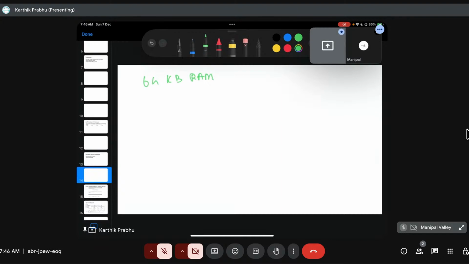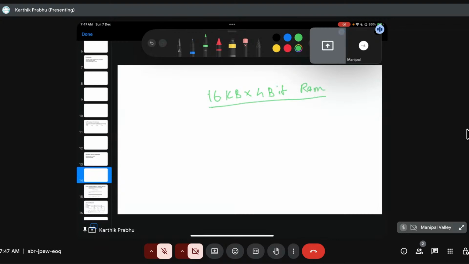Let's say it is a 16 kilobyte into 4 bit RAM.